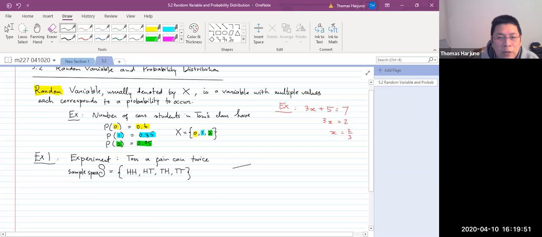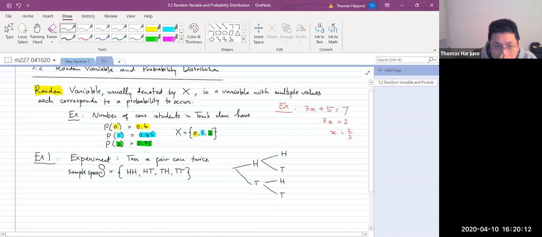Okay, you can imagine if I toss it once, it's either head or tail. And when I toss it again, for each possible outcome in the first toss, we have 2 possible outcomes for the second toss. That's how I get this list.